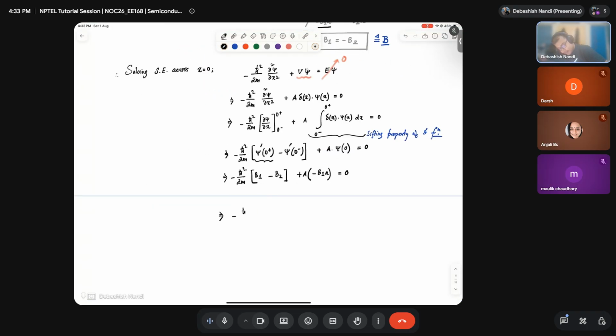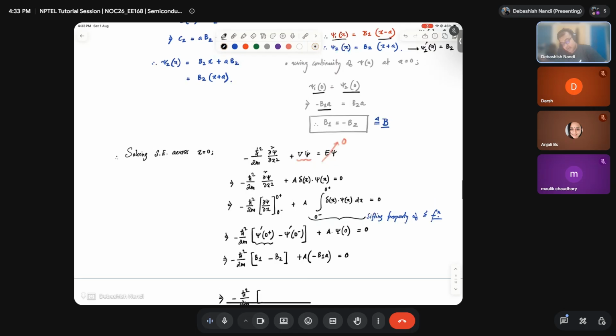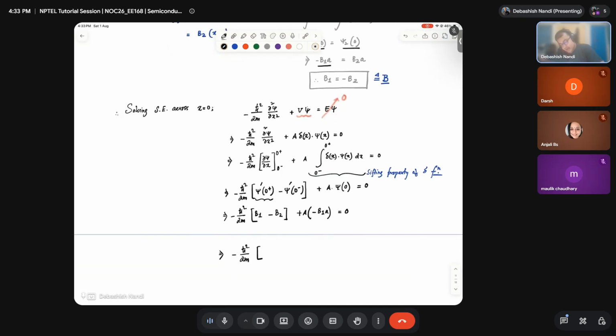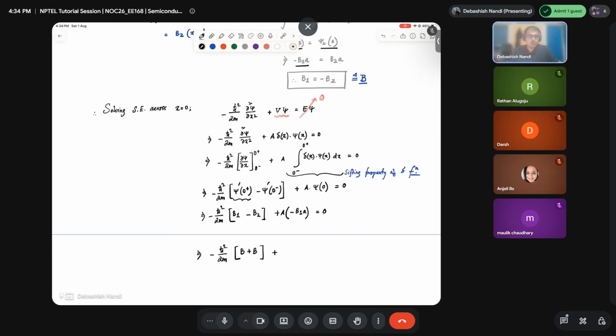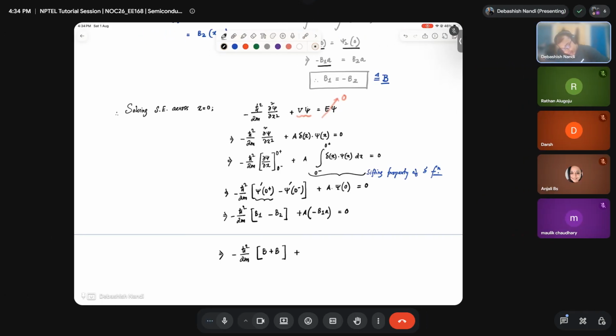Then you will have, and what is the relation between them? B1 is B, B2 is minus B, so B is getting added. And then here it will be A minus A. So let's take it on the other side.